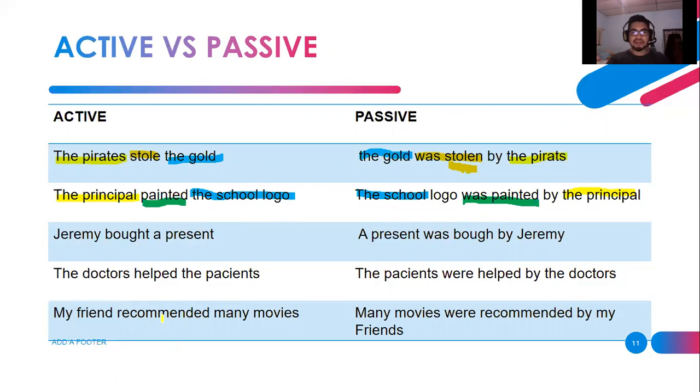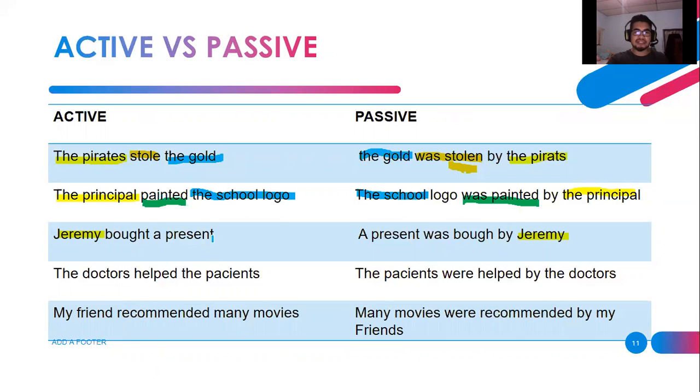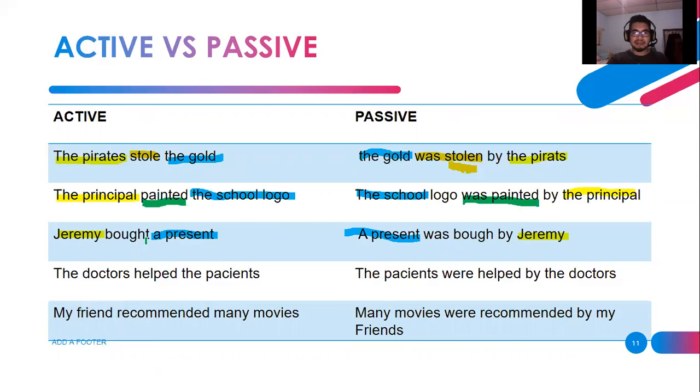Next sentence, Jeremy bought a present. Jeremy, subject in yellow. Now Jeremy is the object in yellow. Next one, we have the object, and as you see the object is a present, and now a present is the subject in the other sentence. The other thing, remember the verb is bought. Bought is the past tense of buy.